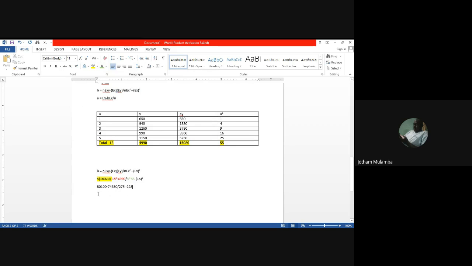So let's start with the numerator: 80,100 minus 74,850. 5250. Then this 5250 we divide it by 275 minus 225.